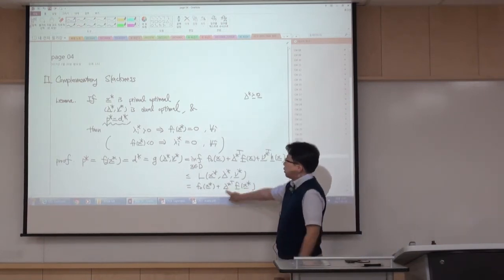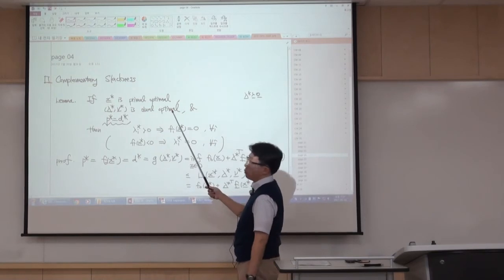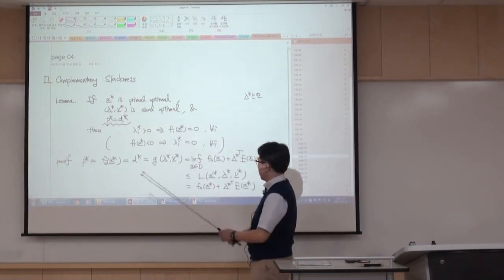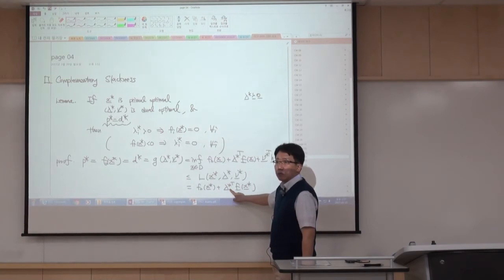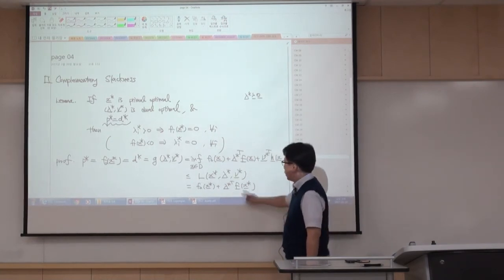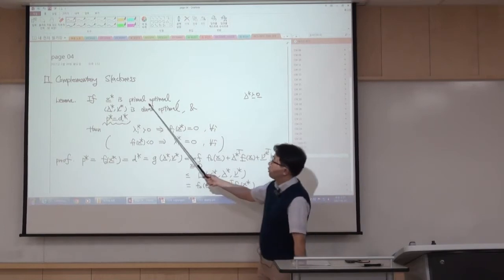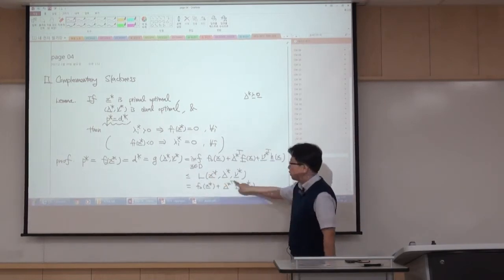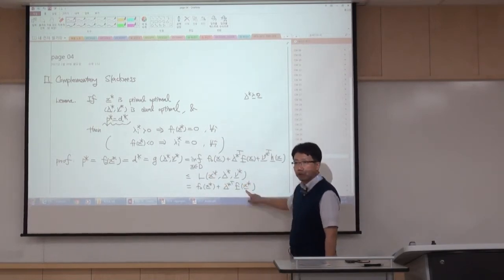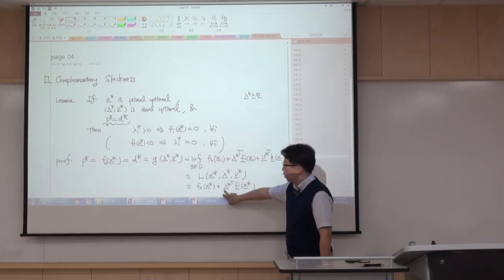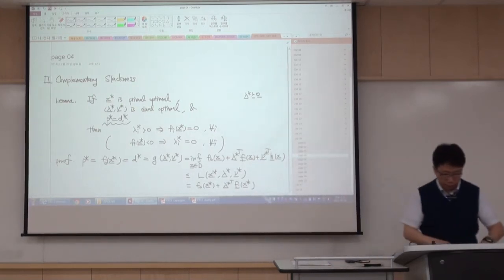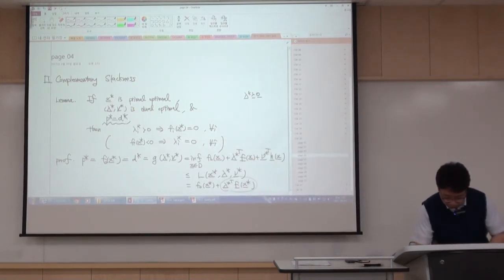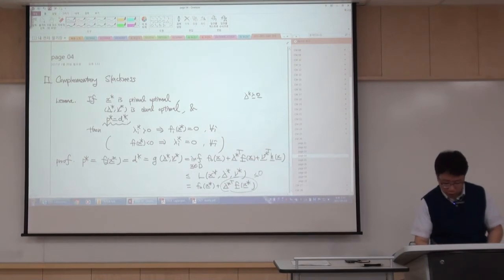Now, lambda star is what? Dual optimal. What does that mean? This is greater than or equal to the 0 vector. Now, x star is primal optimal. What does that mean? f of x star is less than or equal to the 0 vector. If you take the inner product of them, what is this scalar? This scalar is less than or equal to 0. So what can you say?